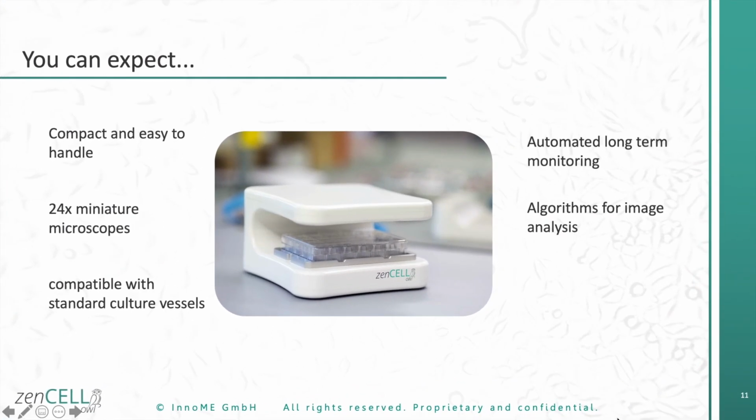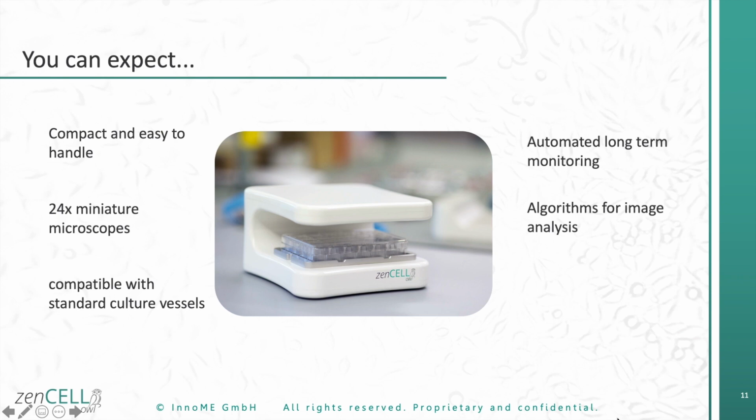What else can you expect? First of all, the device is very compact and easy to handle. It is so small that you can easily fit several of them in a standard 180 to 200 liter carbon dioxide incubator. The device itself contains 24 miniature microscopes. And then you can decide with what standard culture vessel you want to use it.